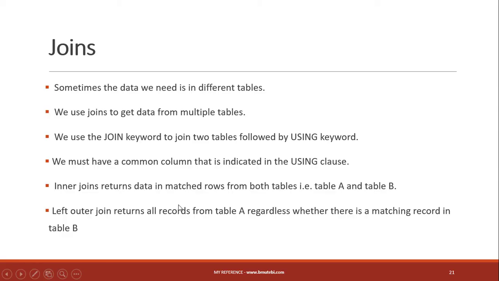So what the left join will do, it will return all records from the table on the left-hand side, whether there is a corresponding record in the table on the right or not. Let's see this in action.